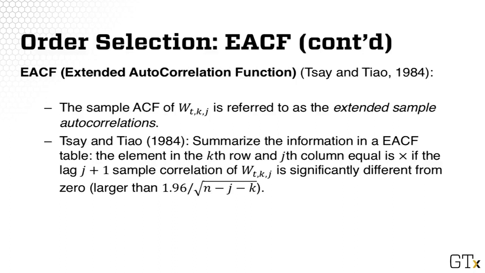Tsai and Tiao summarize the information in the EACF table. The element in the kth row and jth column is X if the lag j plus 1 sample autocorrelation of these residuals is significantly different from 0, where statistical significance is established using the confidence interval of the ACF.